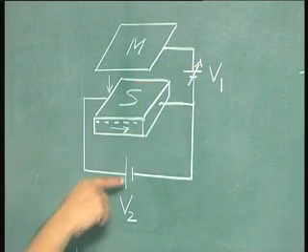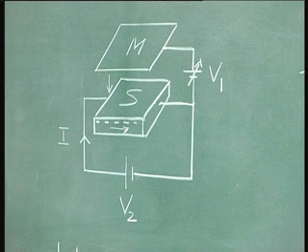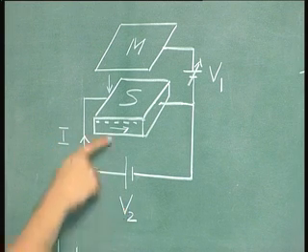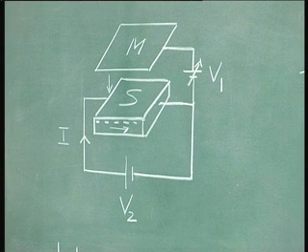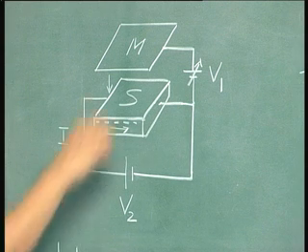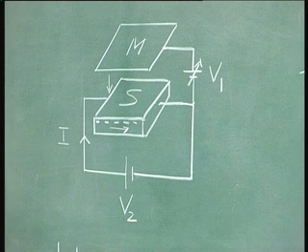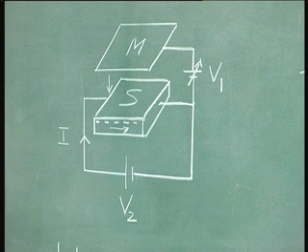This voltage V1 controls the current I, which is created because of voltage V2 and which is also dependent on voltage V1. So V1 controls I. This is what happens in a vacuum tube triode also. There is a controlling terminal which controls the current. And one can always use this particular device for amplification and so on.